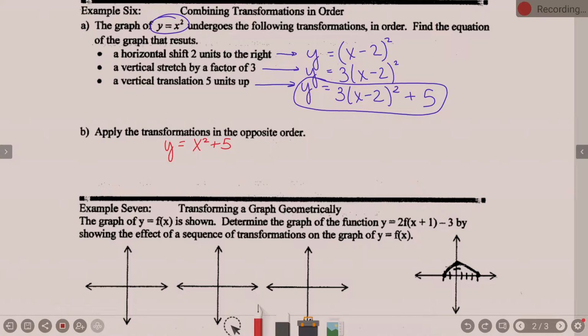Then what? Vertical stretch by a factor of 3. What do I have to multiply by? Everything that's already there. So if I'm trying to stretch this, I'm going to say 3 times x squared plus 5.